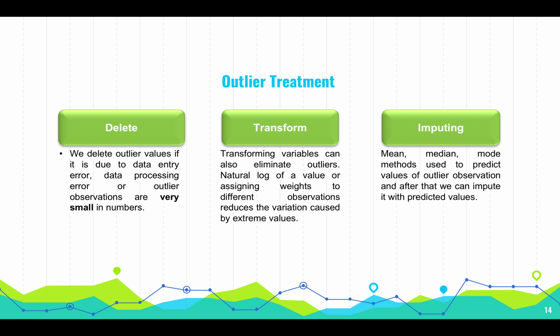So he looks like an outlier, but he's not, and we need to consider his IQ also in our study. So what we will do is take a log of it. Taking the natural log of a value, or assigning weights to different observations, reduces the variation caused by the extreme values. We can also do imputing, wherein we use statistical methods to predict the value and impute it into the data.